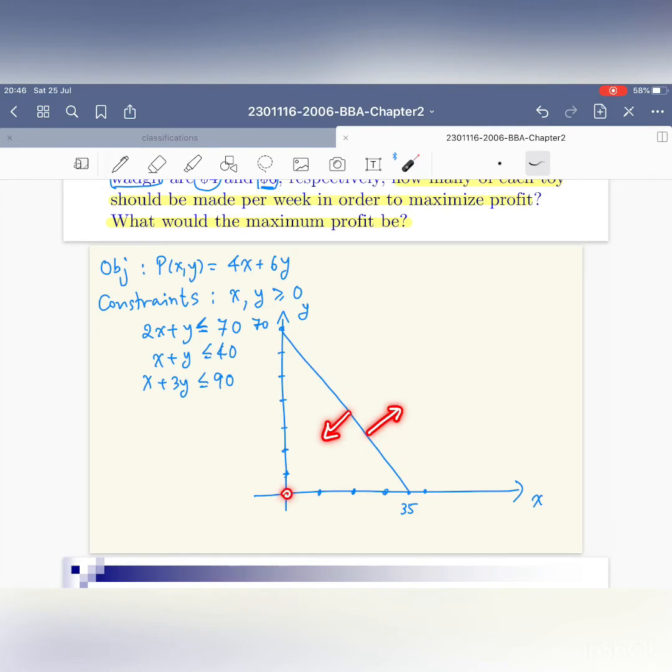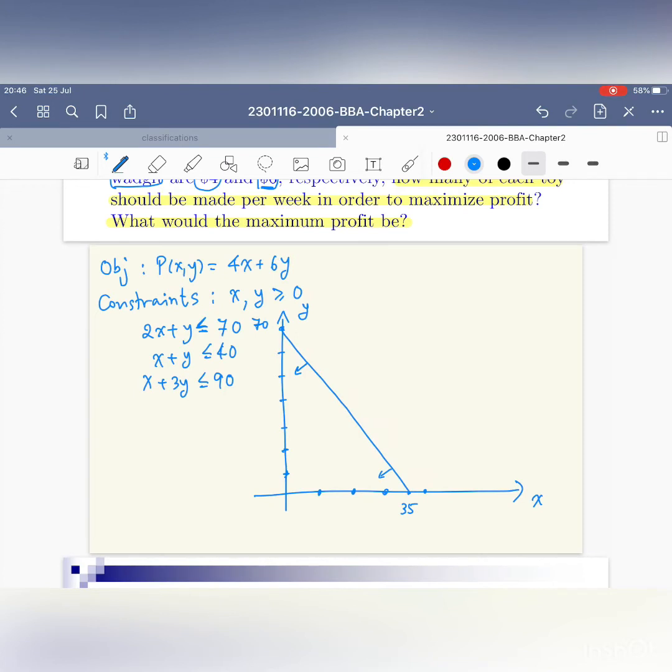So the one below passes through this point 0, 0. So as you plug in, you have 0 less than or equal to 70, which is okay, right? So it means the region that you choose will include this origin. So it means that you are going to use the one below. Okay, use the one below.